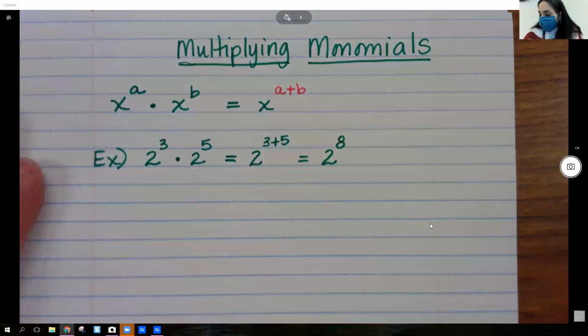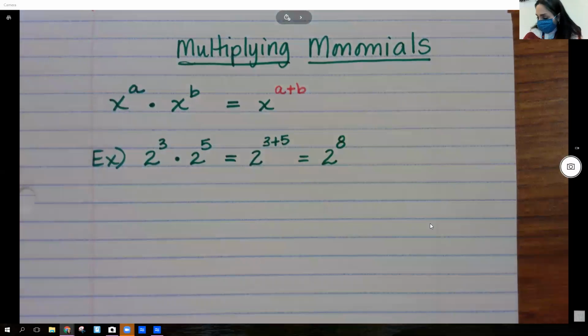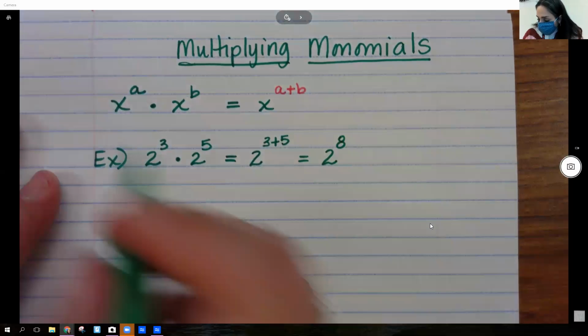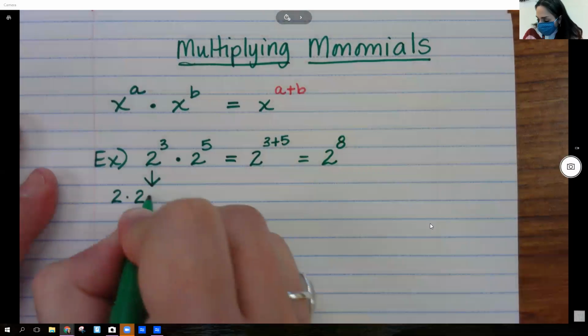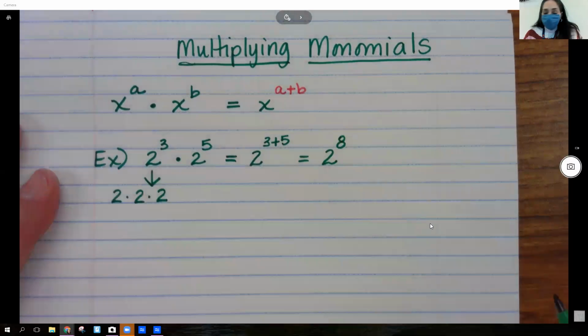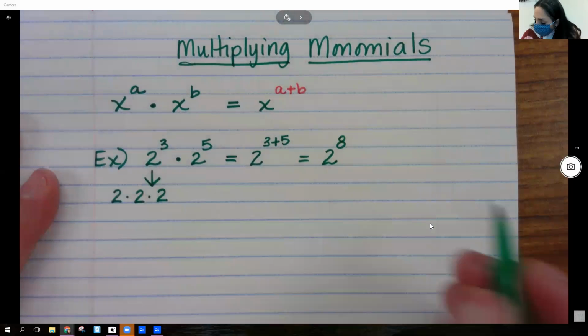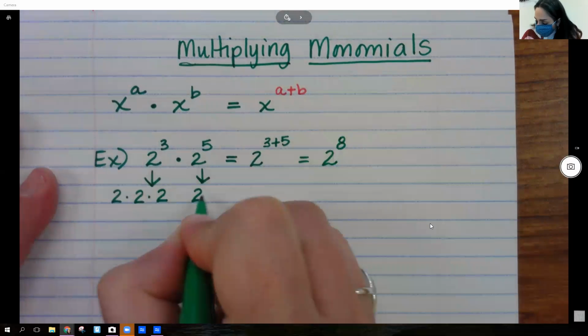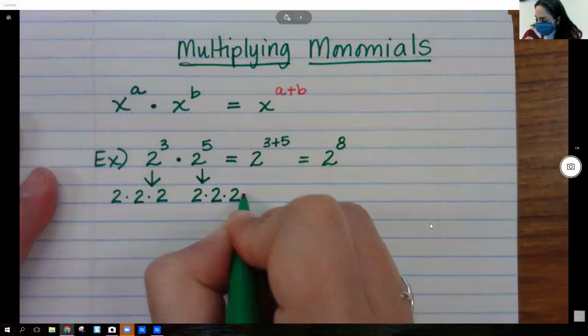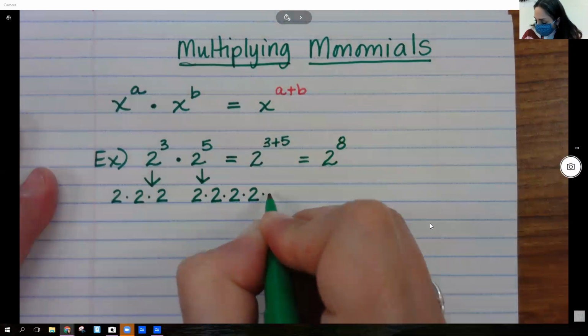Okay? And so why do we add? Why is this working out this way? Well, that's because 2 to the 3rd power is 2 times 2 times 2. It means you have 3 of them. 2 to the 5th power is 2, 2, 2, 2, one more 2.